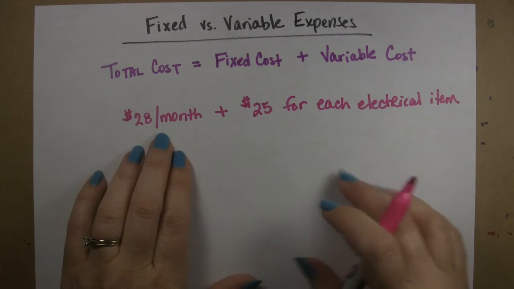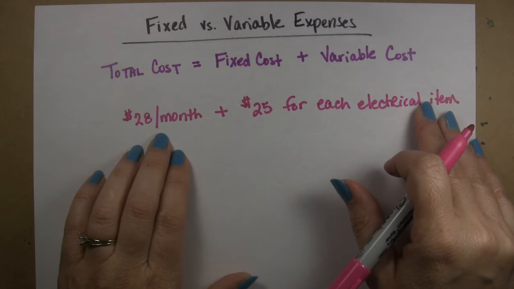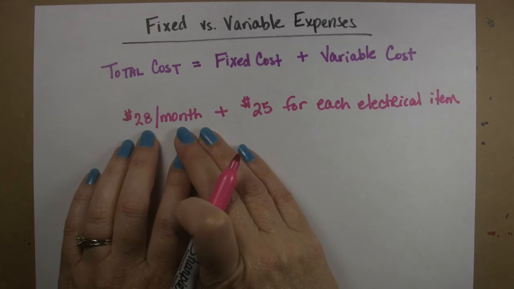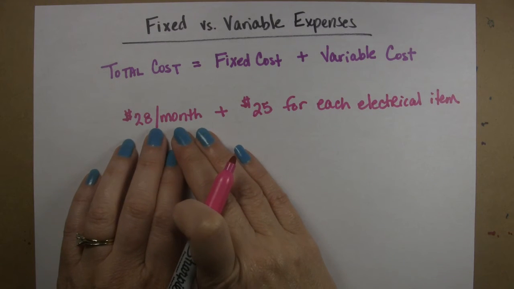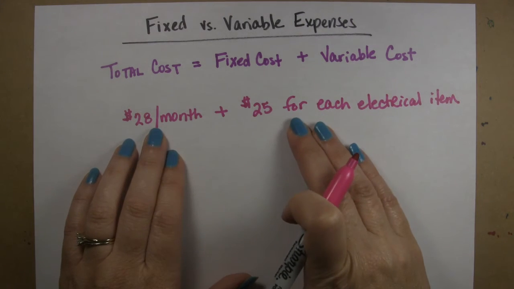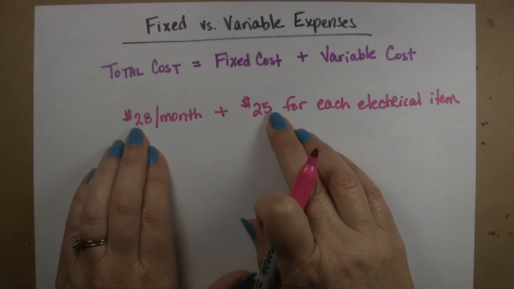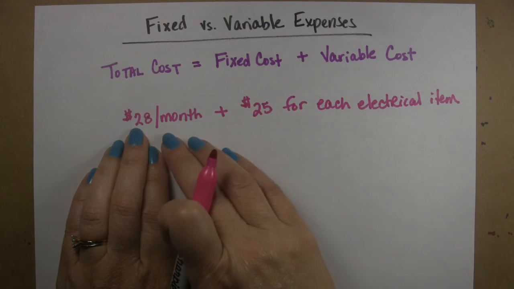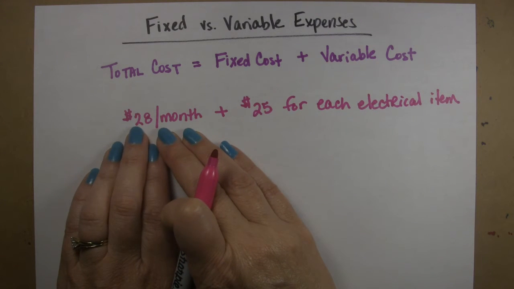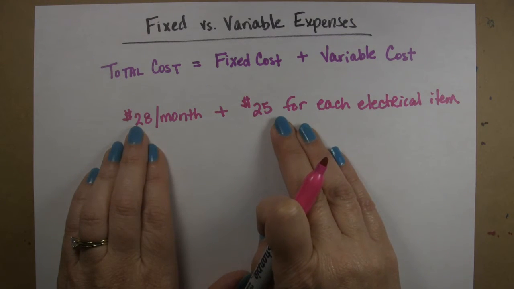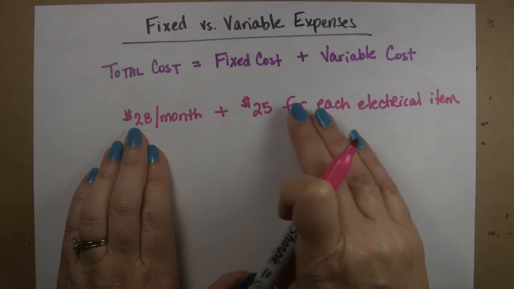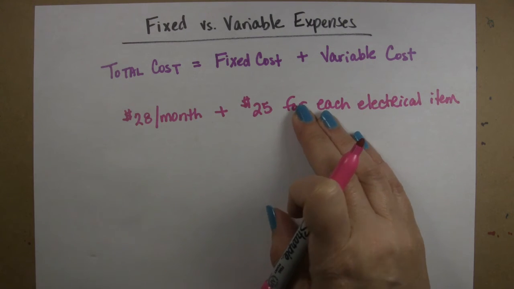So if you throw away 0 electrical items this month, then it's just going to cost you $28. If you throw away an old dehumidifier, it's going to cost you $28 plus $25. If you throw away 3 dehumidifiers, then it will cost you $28 plus $75.